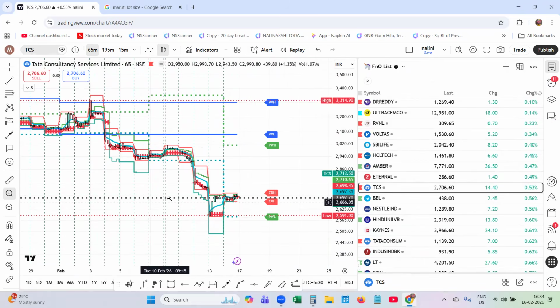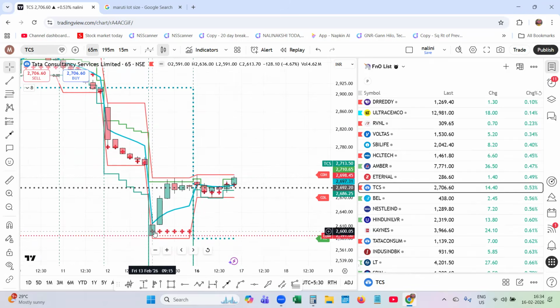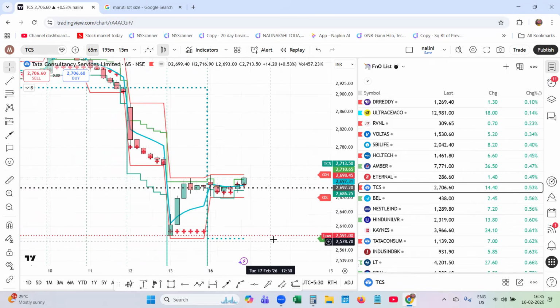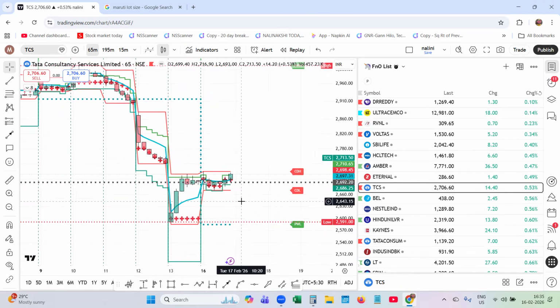And if you see over here, the price got accepted yesterday. Today it has consolidated. And still it is within the boundary. This is a consolidation, and some sort of reversal we can anticipate in this stock.